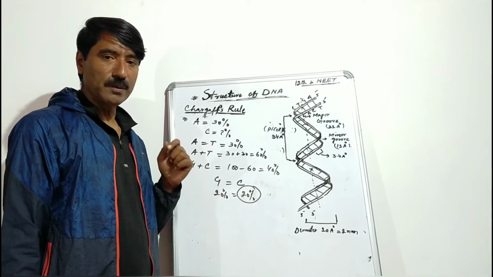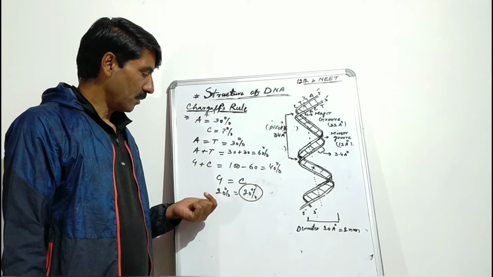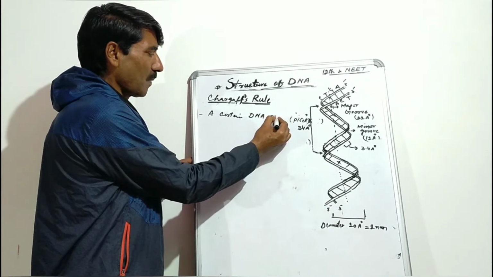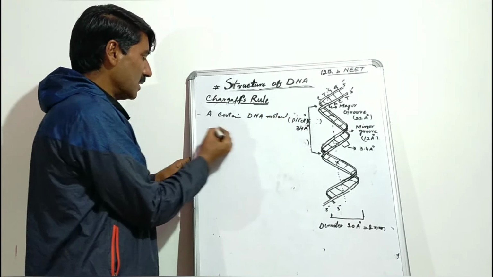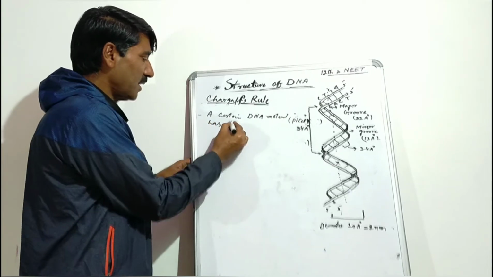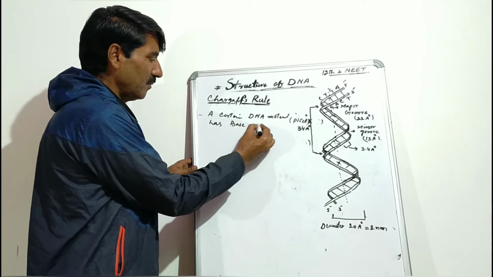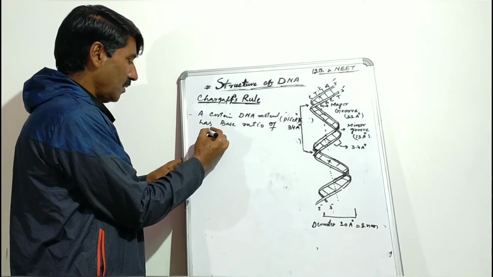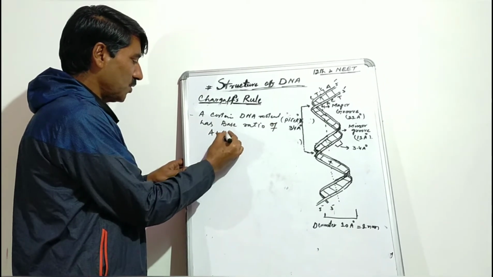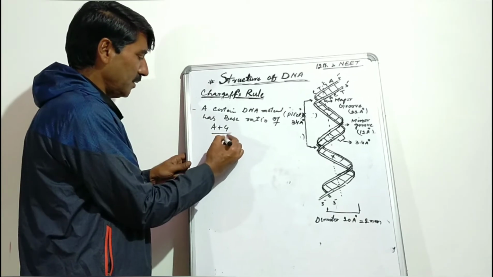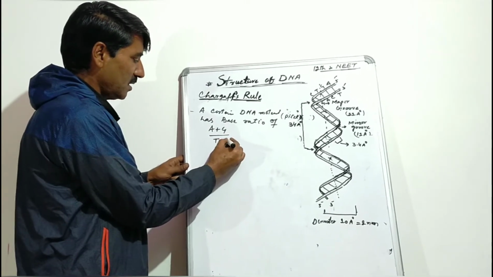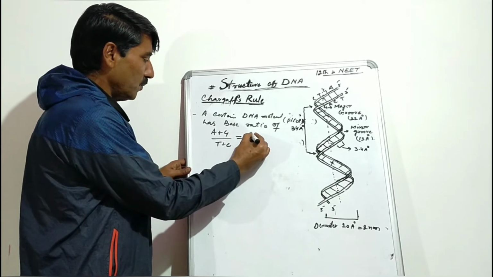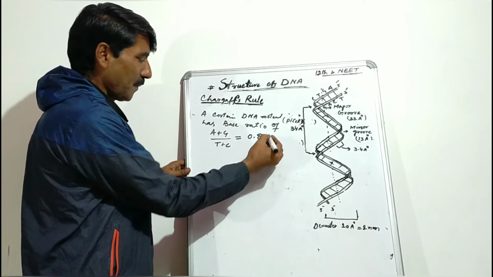तो ऐसी बहुत सारी न्यूमेरिकल्स इस चरगाफ पे पूछी जाती है. तो एक और क्वेश्चन हम यहाँ पर स्टडी करेंगे. DNA molecule has a base ratio of A plus G by T plus C equal to 0.81.